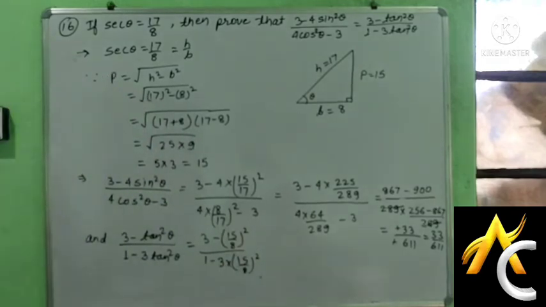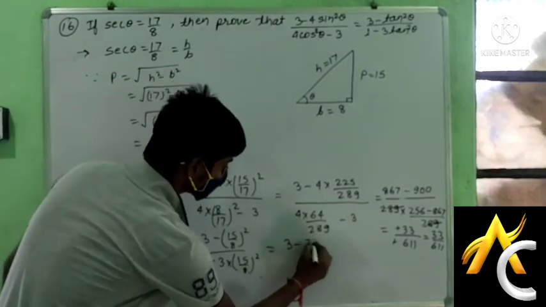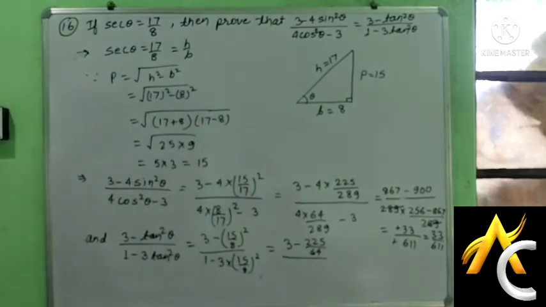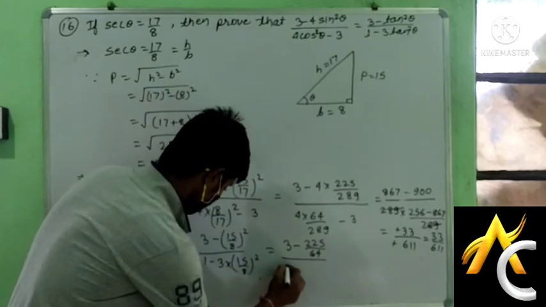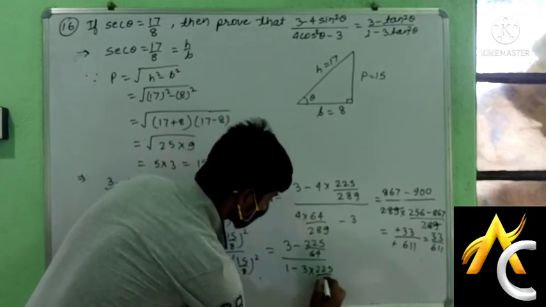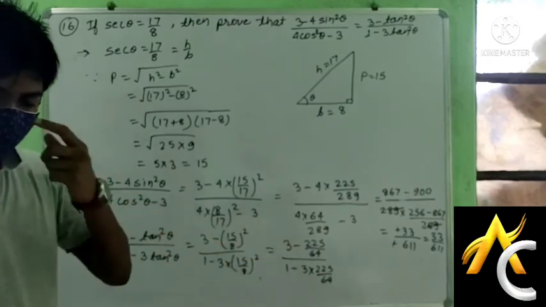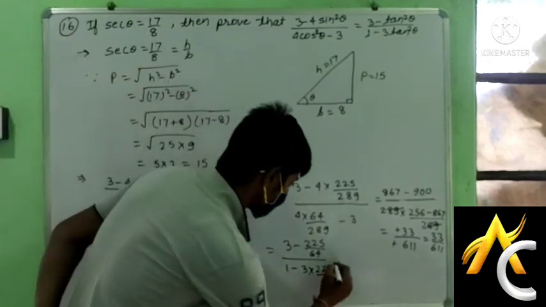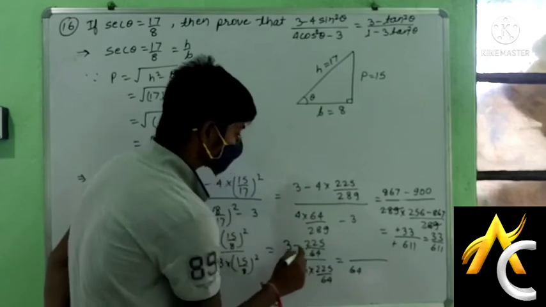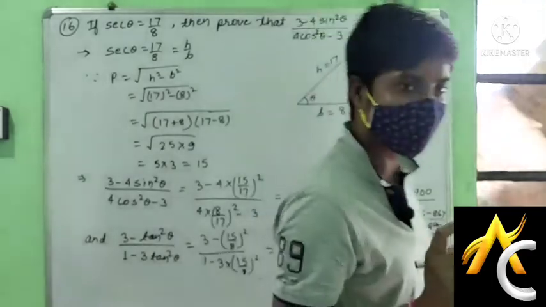Simple. Doubt? Now solve it. Hence it will be 3 minus 15 square is equal to 225 by 64, divided by 1 minus 3 into 225 by 64. Right? Now we are going to solve it by taking LCM. This is simple solution. So by taking LCM as 64, we can write it as 3 into 64 minus 225, and as you know that 3 into 64 is equal to 192.